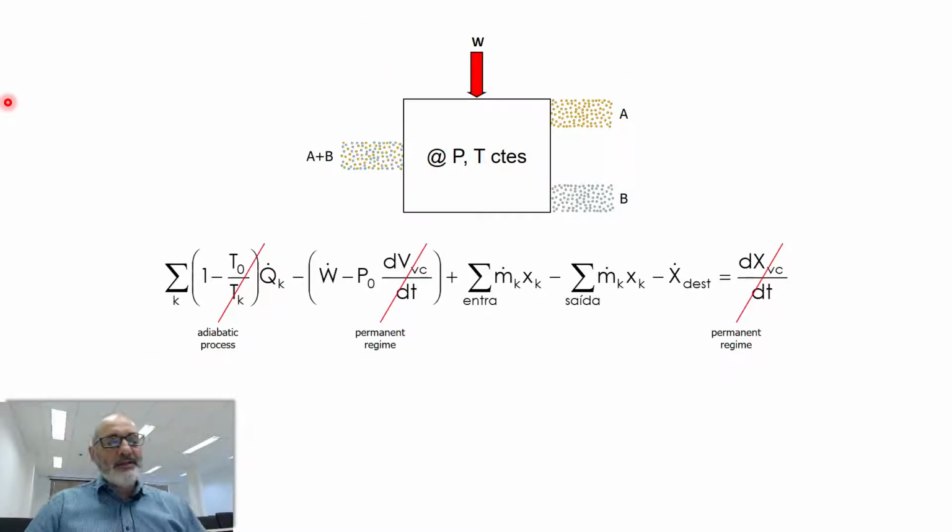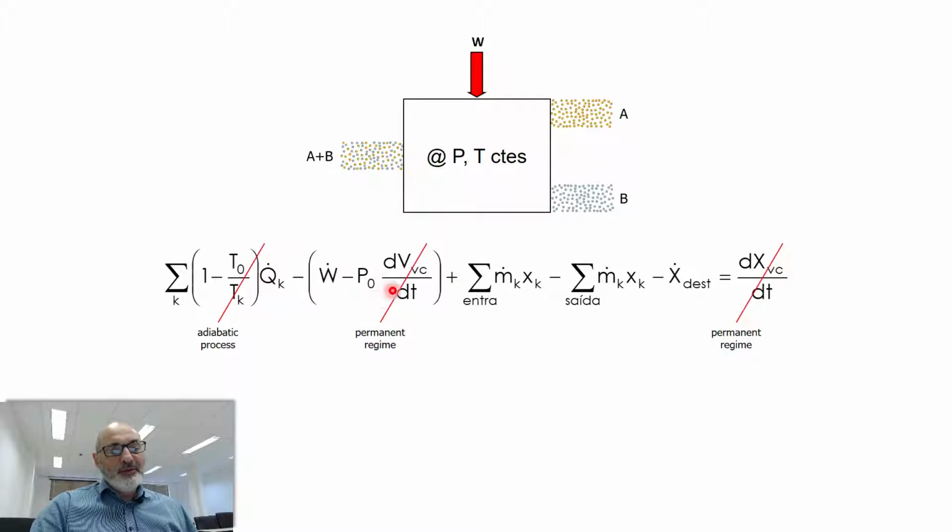So let's apply this to our process, okay? As I said, we want the minimum amount of work. So we're going to consider an adiabatic process. Well, I can always do this. I can put some insulation here in order to avoid any heat transfer, okay? Also, our analysis is in permanent regime, so all variations in time are zero, okay?